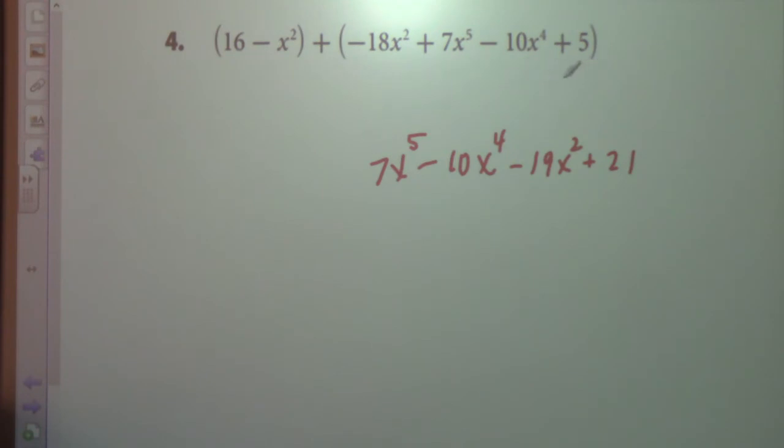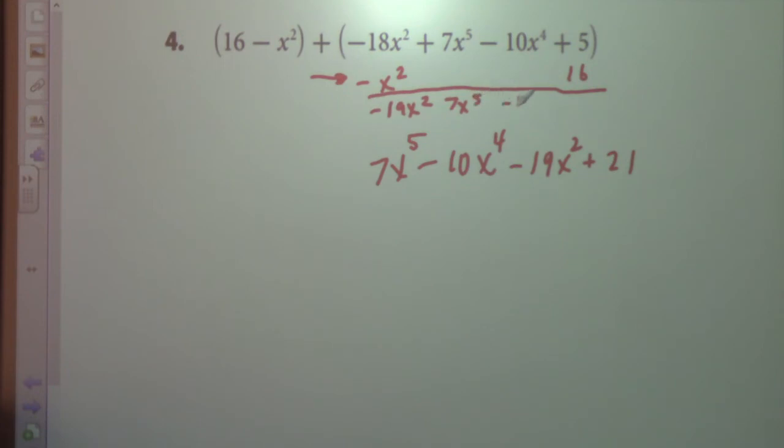And if you just add these here, like you put this right underneath here, we get, here's our 16. And here is our negative 19x squared, right? Here's our 7x to the 5th.